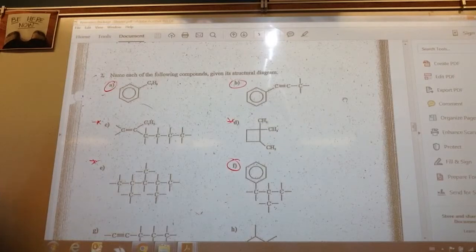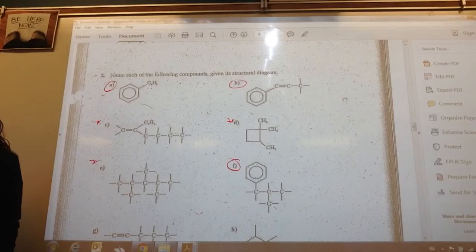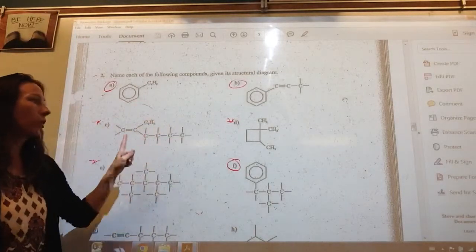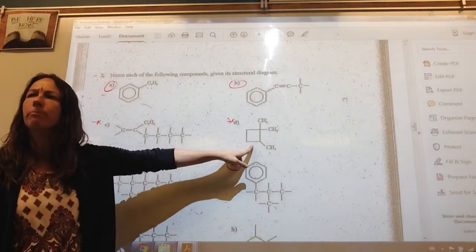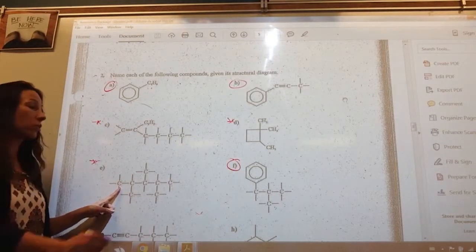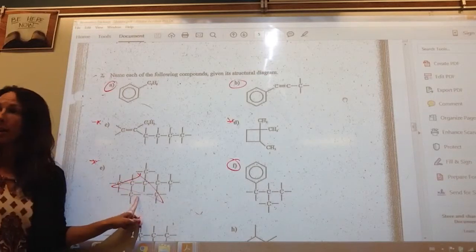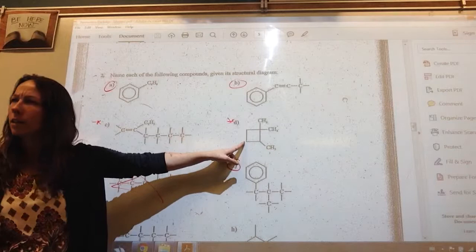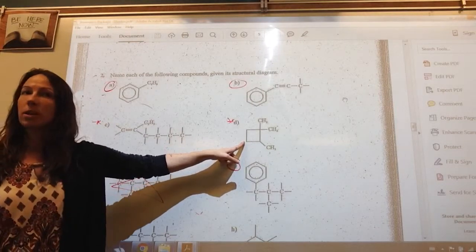Okay. Put a triangle around an alkane. No, no, no. Definitely. So this is definitely an alkane. Is this an alkane? It has its own special word.